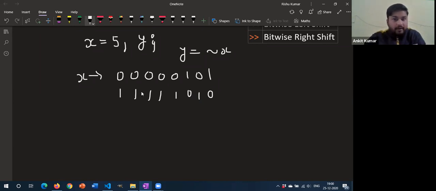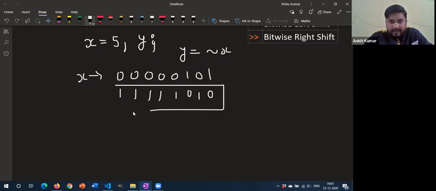Now, we are not done over here. As I told you when we were studying data types, in case of 8 bits, this is the most significant bit. The most significant bit is used to store the sign. And here in this case, the sign bit is 1, meaning it is on, it is active. And if it is active, your number is going to be negative.